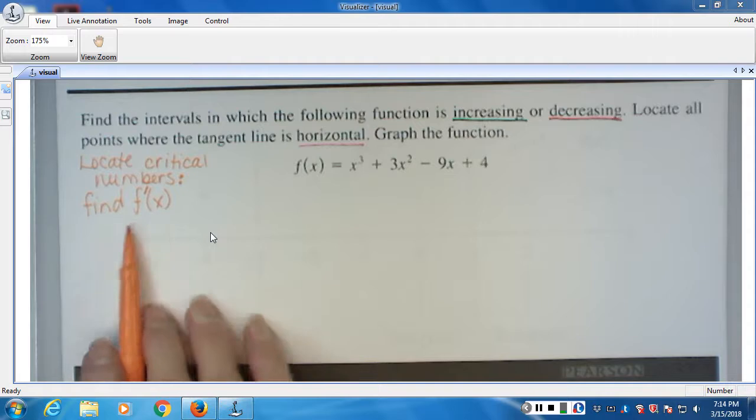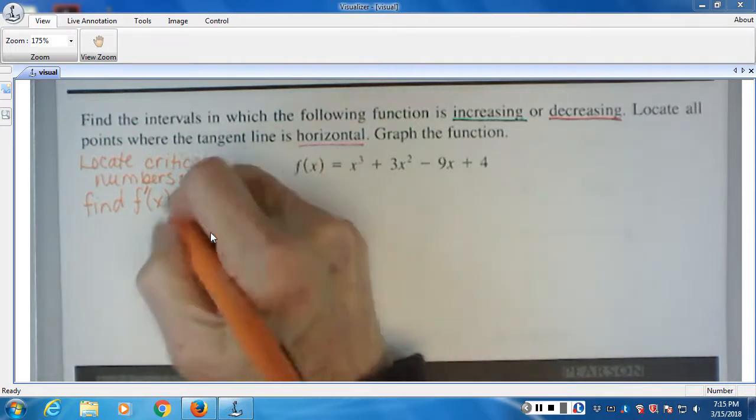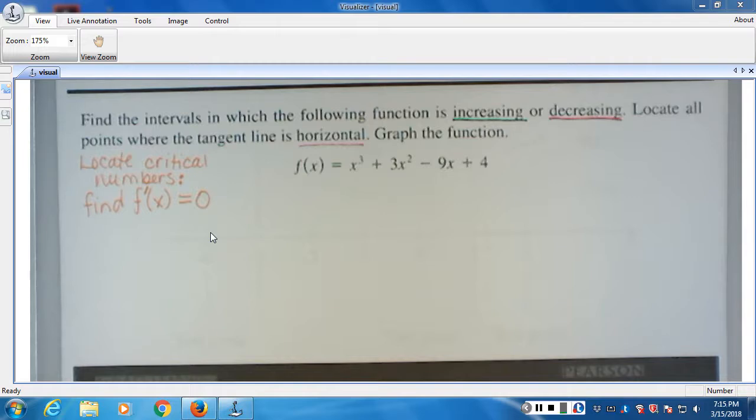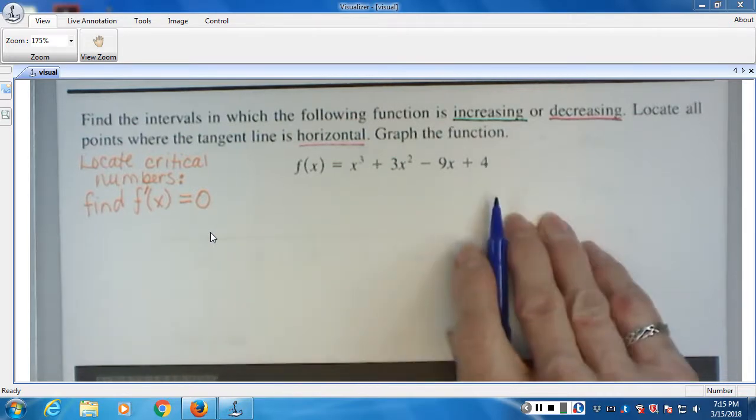So we're going to take the derivative of the function, and we're going to set it equal to 0 and solve it. That's going to be our first step. And that shouldn't be too bad because this is a polynomial function. It's not hard to take the derivative. So you tell me, what is the derivative of this function?